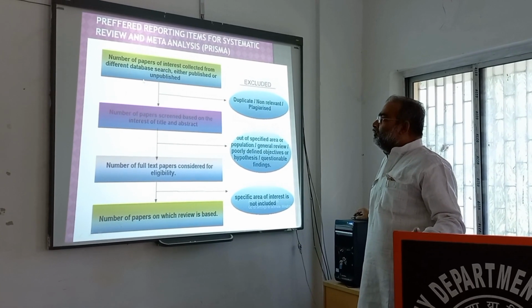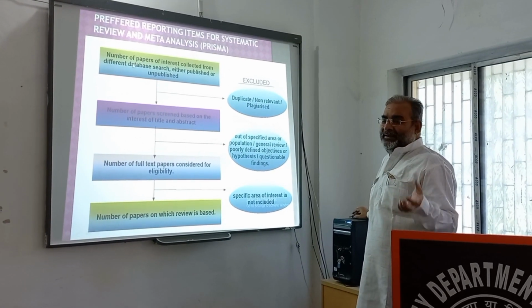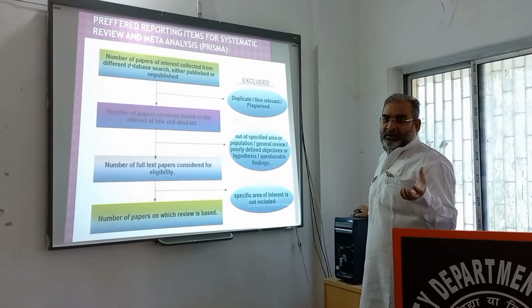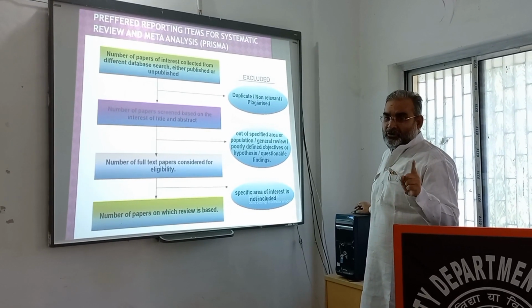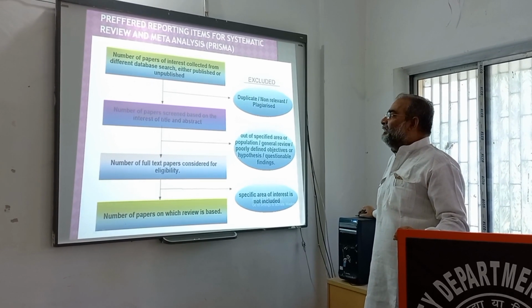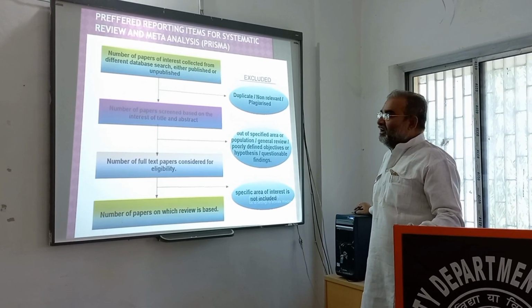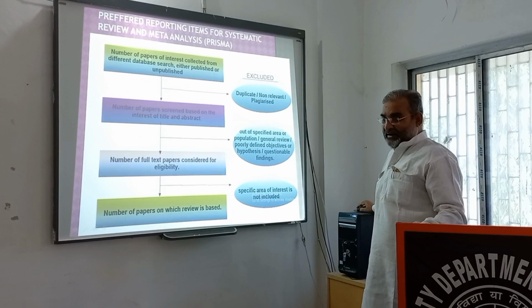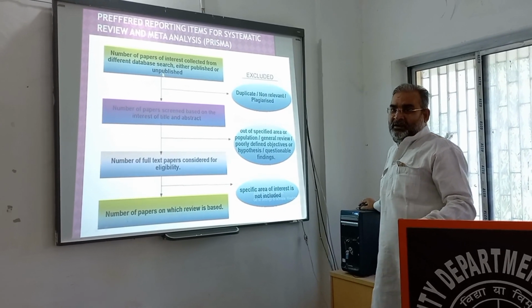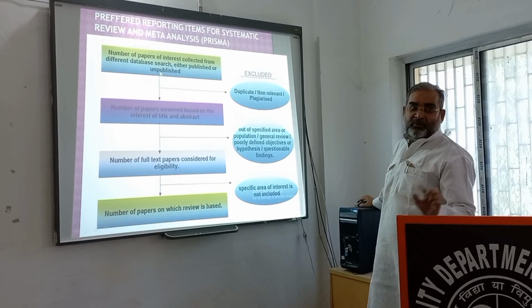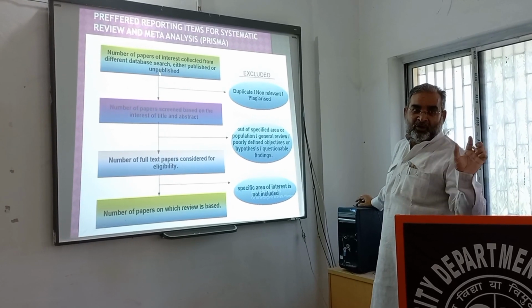In which, at first, you collect all the papers related to your topic from different databases and search engines, either published or unpublished. Unpublished data or metadata are available in repositories available online.